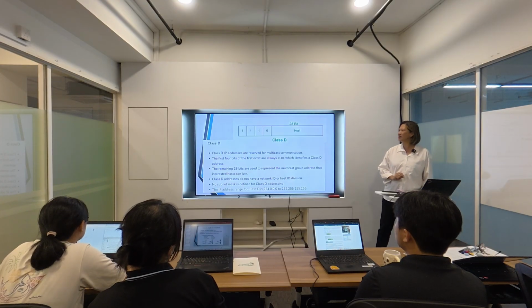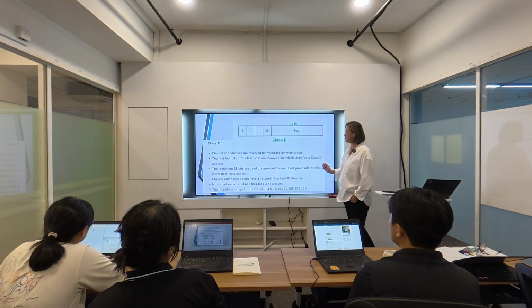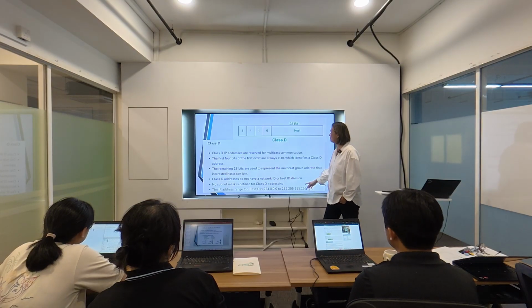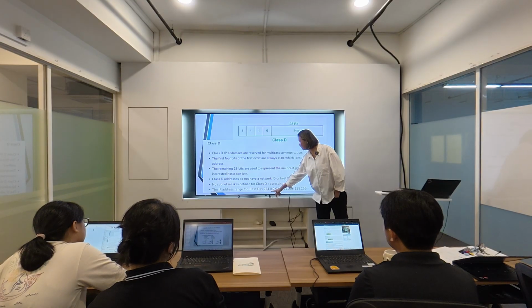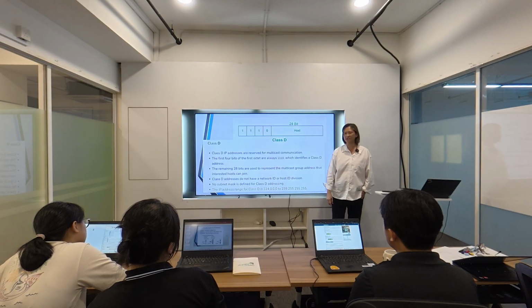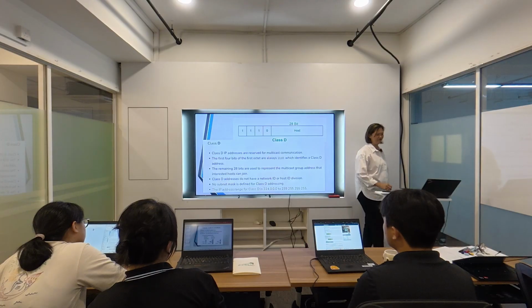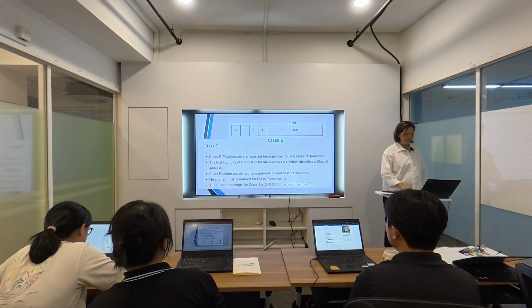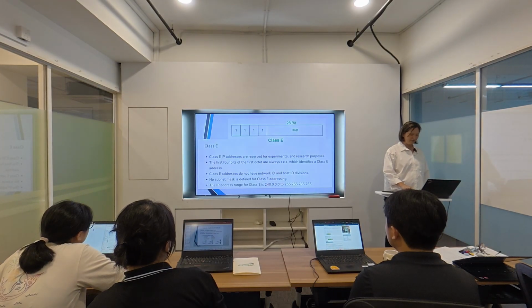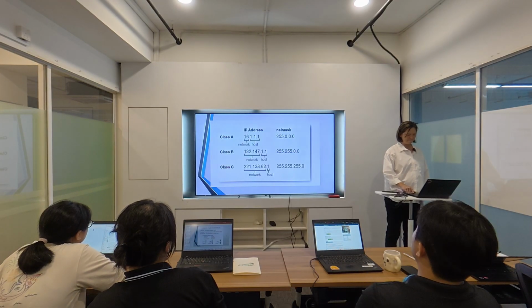A multicast address will start with 1110, the first 4 bits. Therefore, if you convert to the range, it's from 224.0.0.0 to 239.255.255.255. Now, class E is not used for us. This is for experimental purposes.